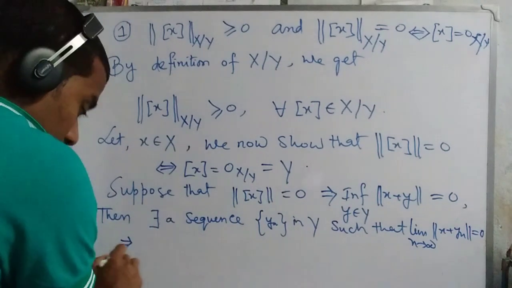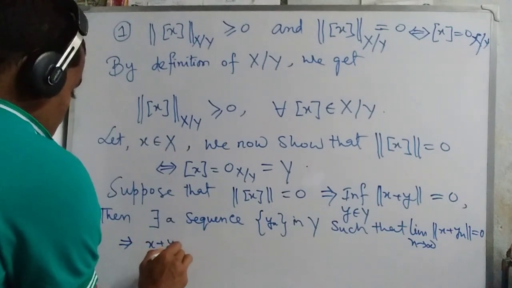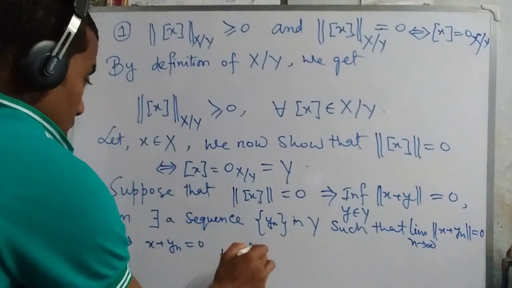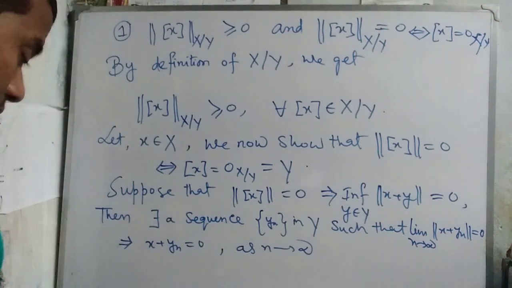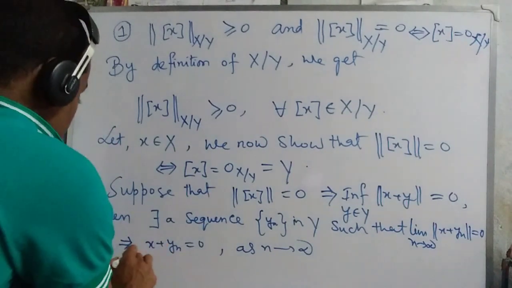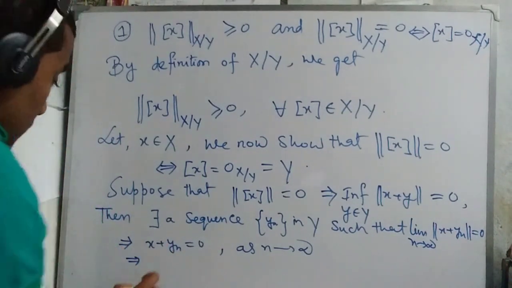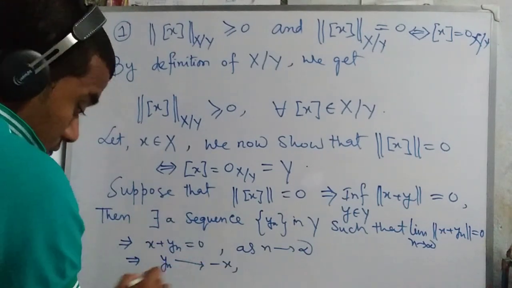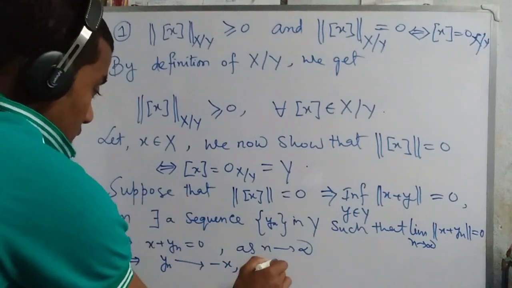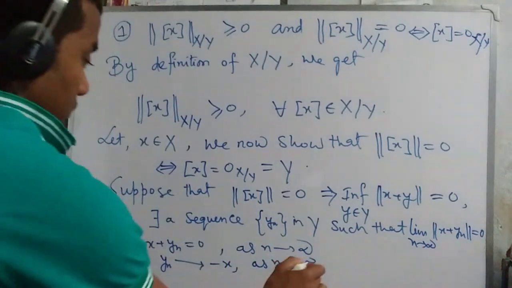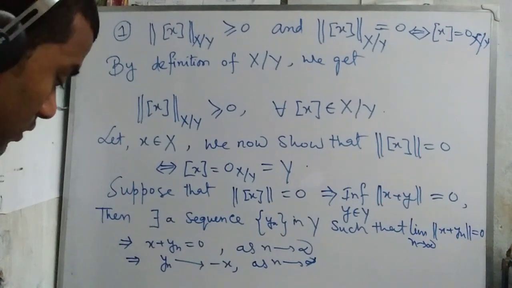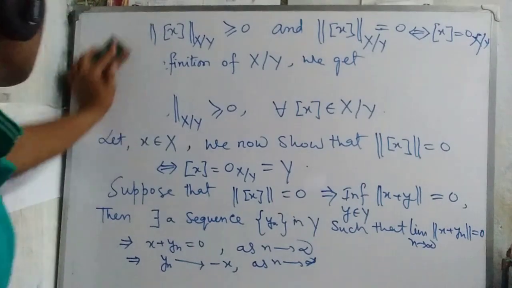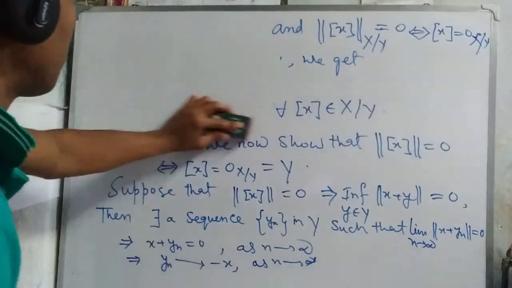This implies that x + y_n tends to 0 as n tends to infinity. This implies that y_n converges to -x as n tends to infinity. Again we erase our portion and go to further discussion of that.